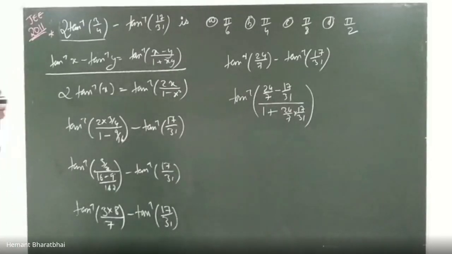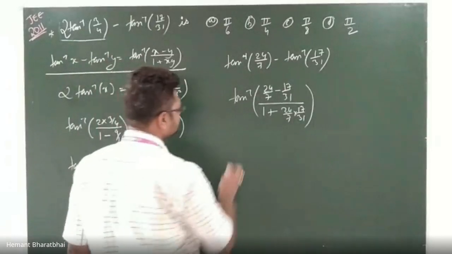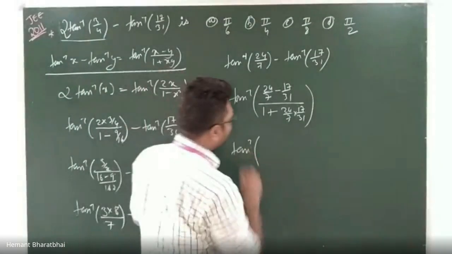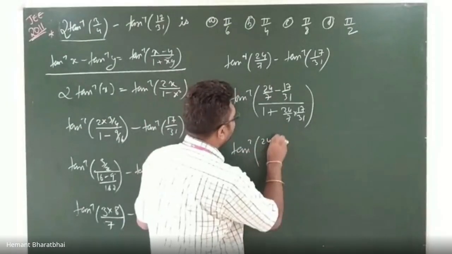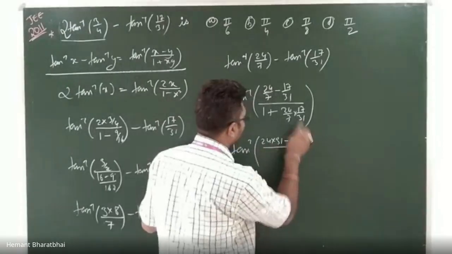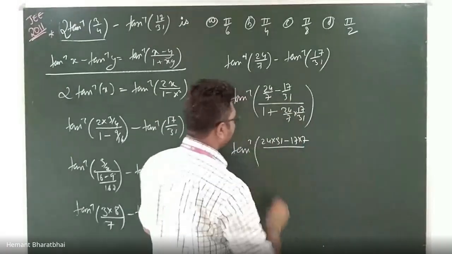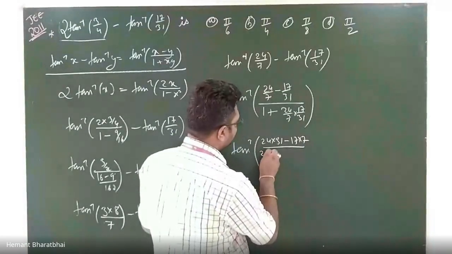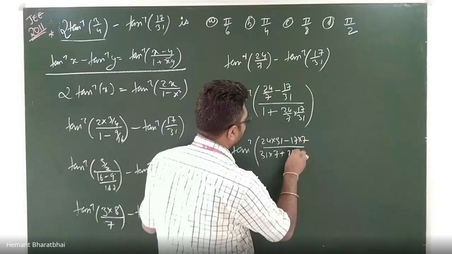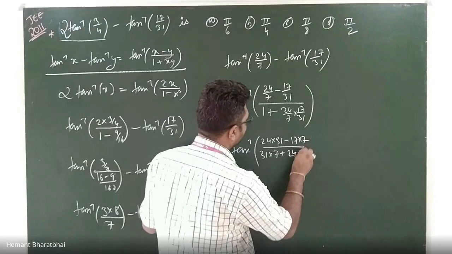Solve it and tell me how much is the answer. We will have to take LCM. 24 into 31 minus 17 into 7 upon this will get cancelled. Same calculation is over here. So 31 into 7 plus 24 into 17.